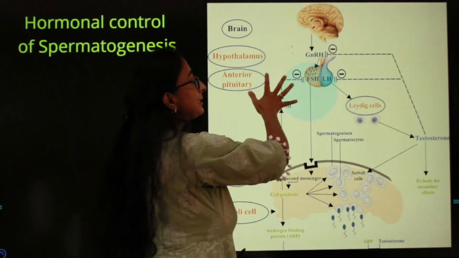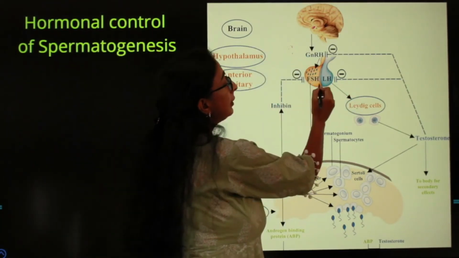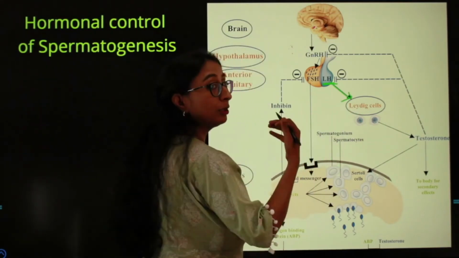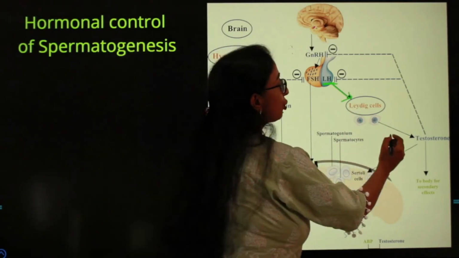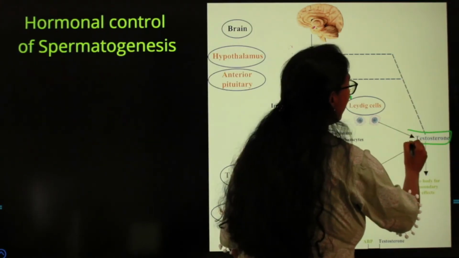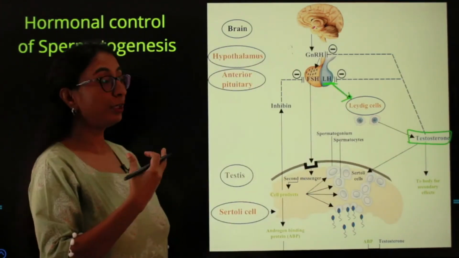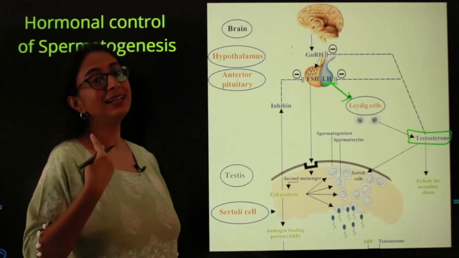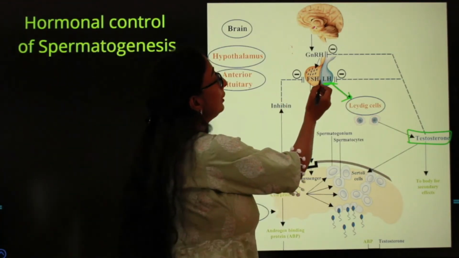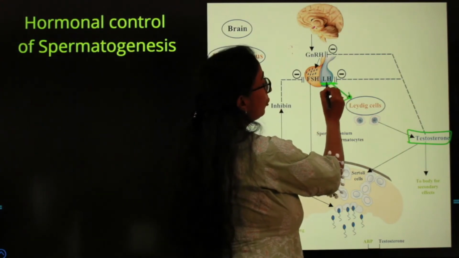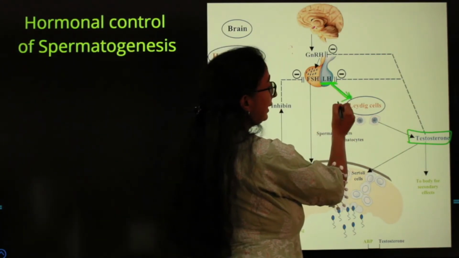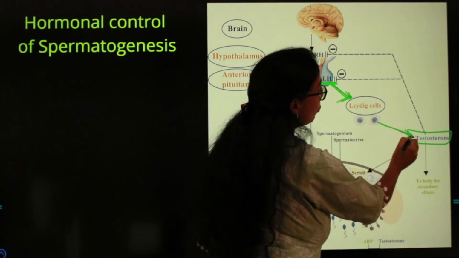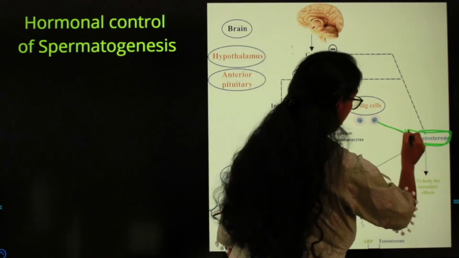So now what do these two hormones do in turn? The luteinizing hormone acts on the Leydig cells for the synthesis of testosterone. Testosterone is a male hormone. To get more details about each of these hormones, watch the videos on the human endocrine system. So the luteinizing hormone acts on the Leydig cells, which stimulates the synthesis of testosterone.